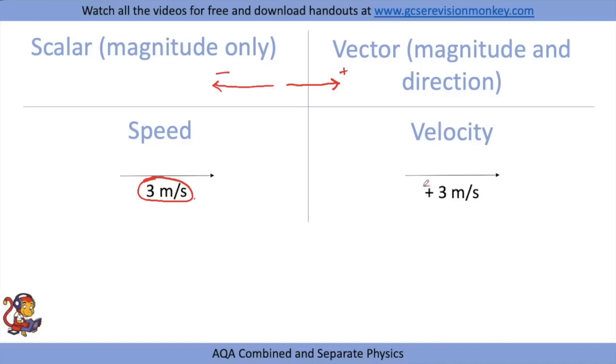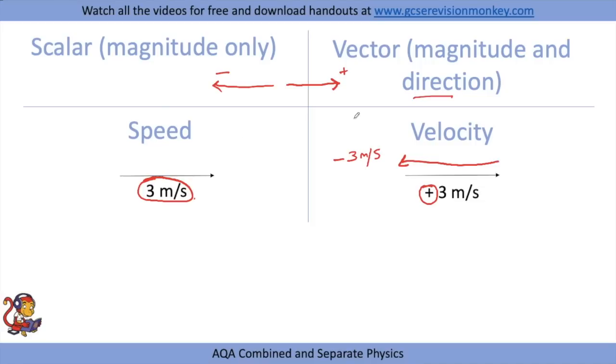So this here just indicates the direction that the object's moving in, hence taking into account direction as well as size. If the object was moving in the opposite direction, then at that same speed, it would be minus 3 meters per second to show it's moving in the opposite direction.